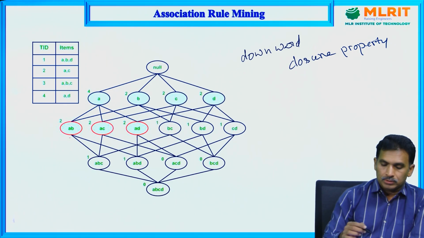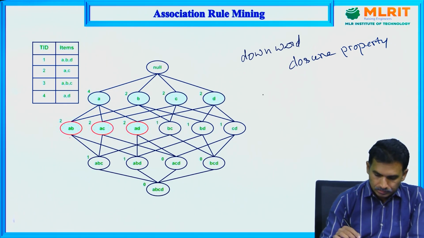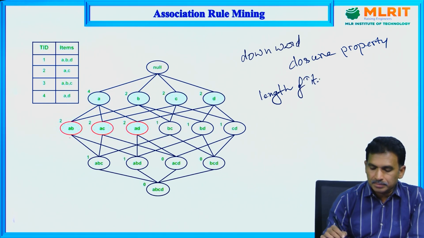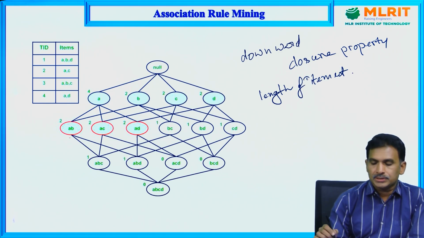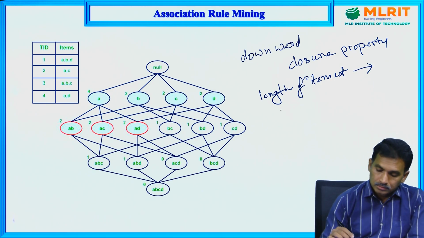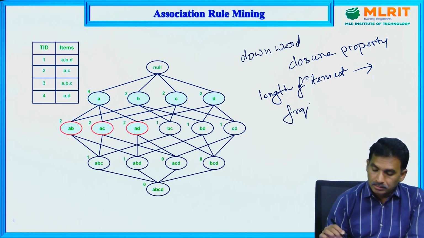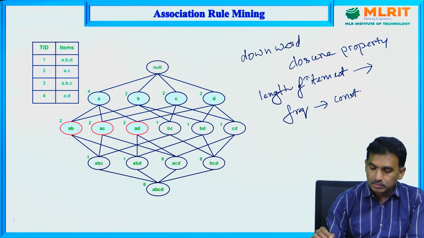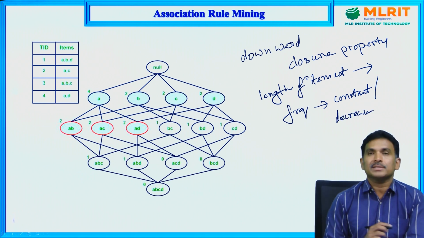That means when the length of the item set increases, the support or frequency remains constant or decreases.